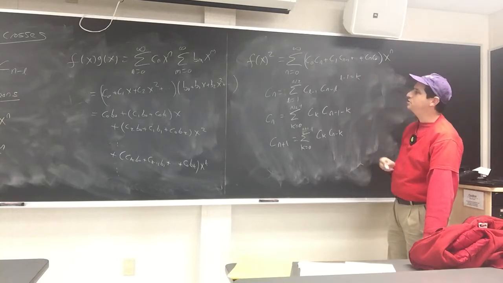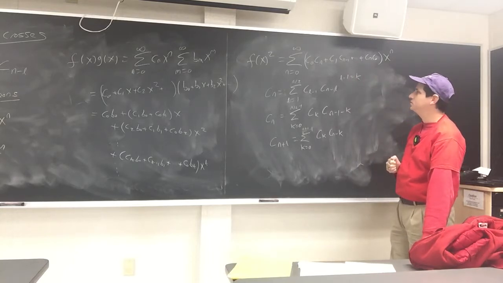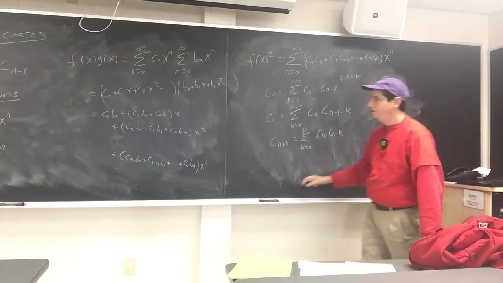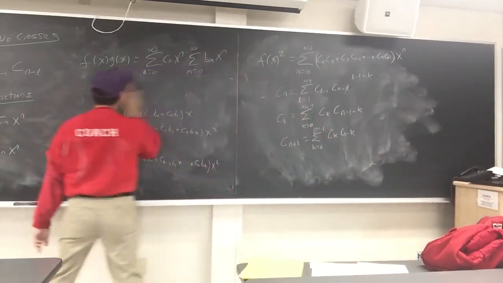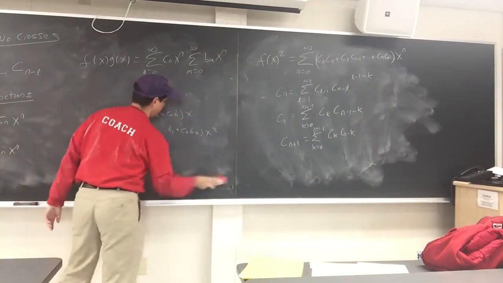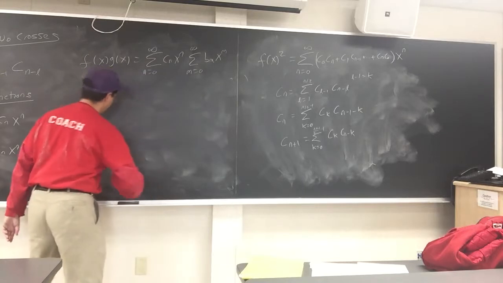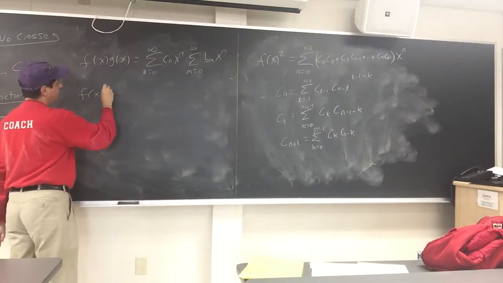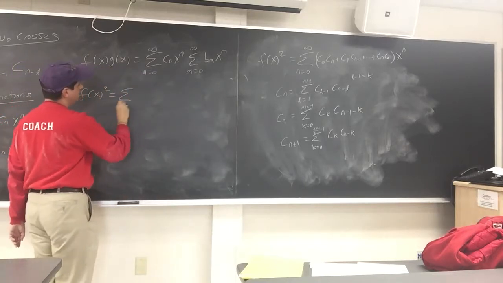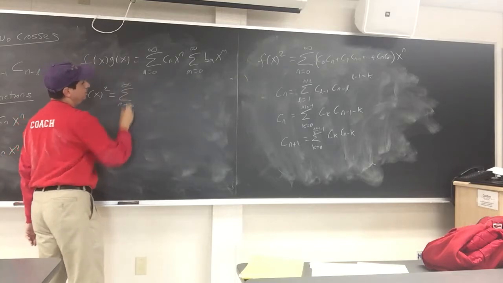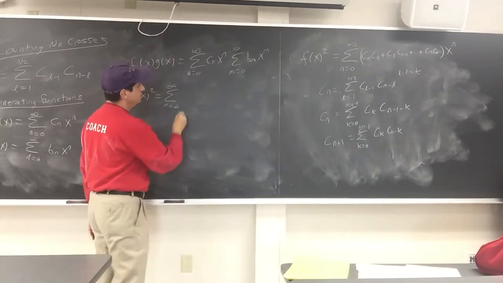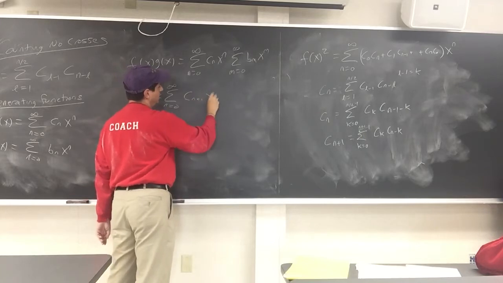So these numbers here should basically just be Cn plus 1. So what we should get is f of x squared should be the sum, n goes from 0 to infinity, if I haven't done any mistakes, Cn plus 1 x to the n.